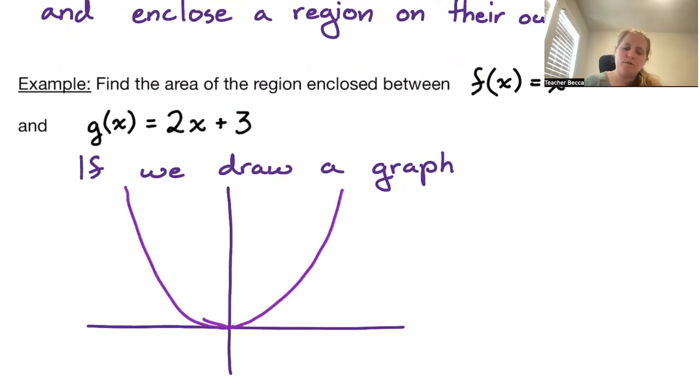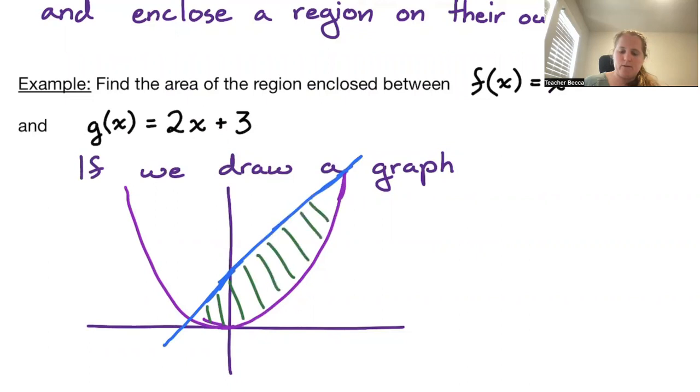And then our g of x, we have a function which has positive slope and positive y-intercept. And we're essentially going to look at the region enclosed that's below the line and above our parabola that we are left with.